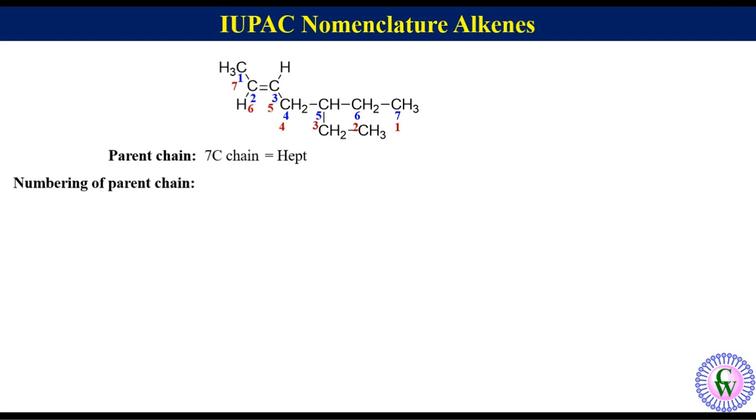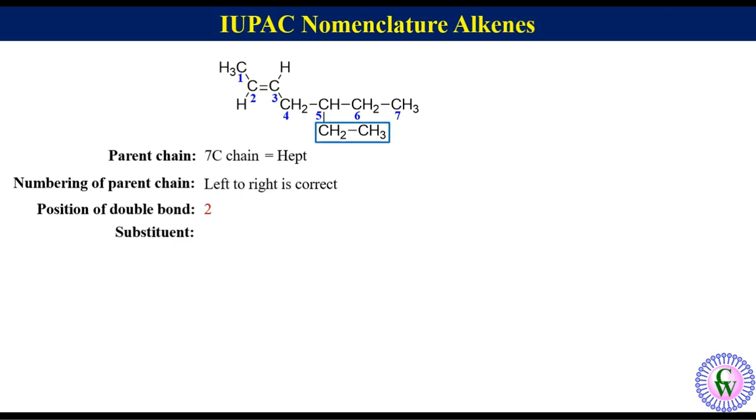Since left to right numbering gives lower number to alkene, so left to right numbering is the correct numbering. Position of double bond, it is 2. Substituent, there is one ethyl group at position 5, so it will be written as 5-ethyl.